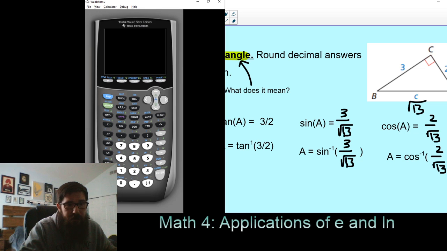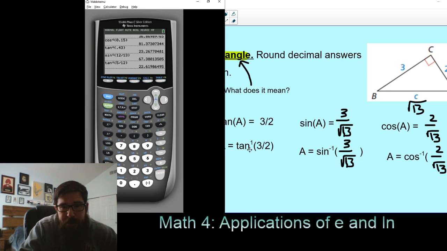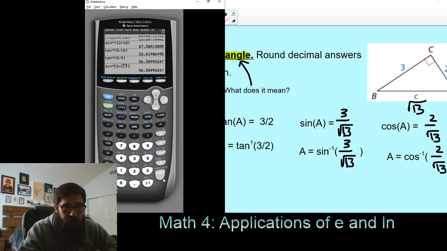Let's go test these. I'm going to type inverse tangent of 3 divided by 2. Hit enter. 56 point, that'd be 3 degrees. Cool. Well, let's say you didn't do it that way. Let's say you did inverse sine of 3 divided by the square root of 13. Be careful with some of the parentheses with this.